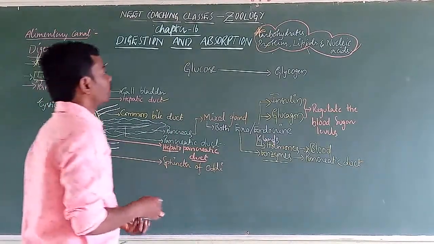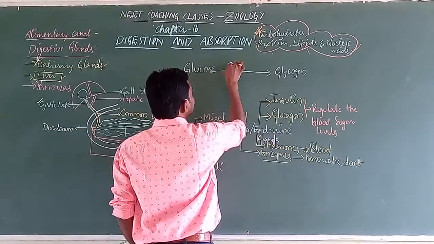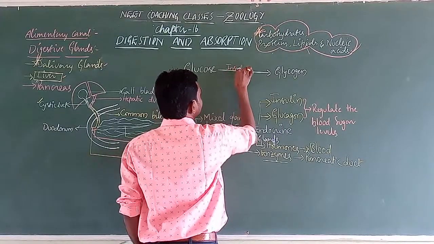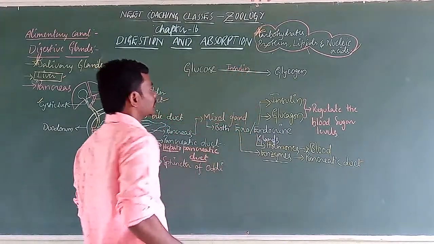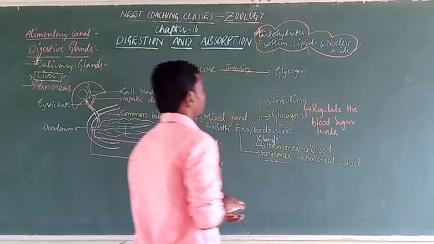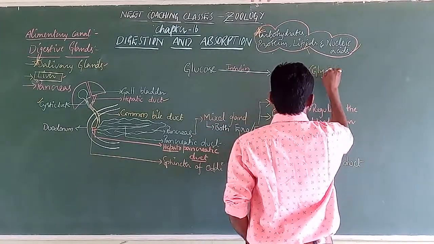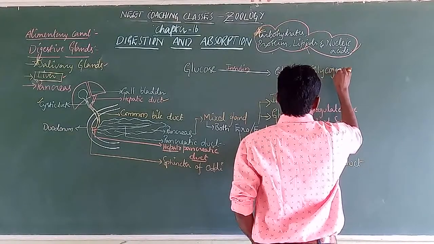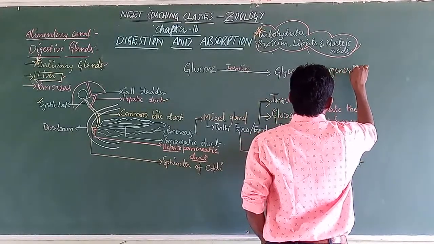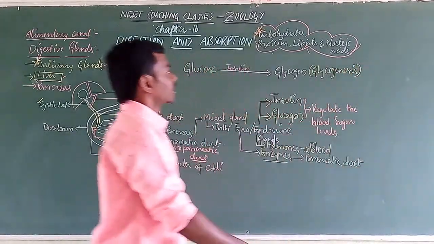That is performed by a hormone called insulin. The process is called glycogenesis, meaning the synthesis of glycogen.